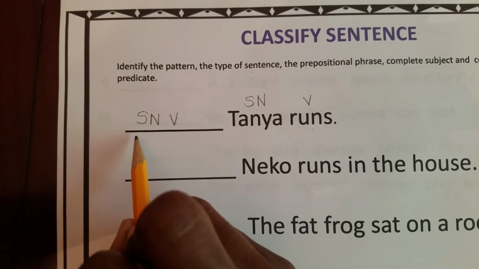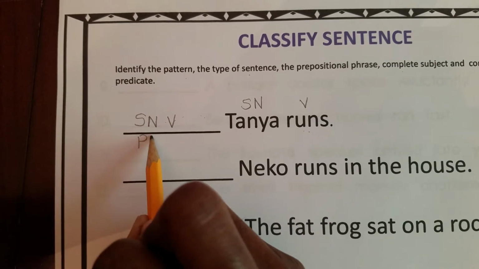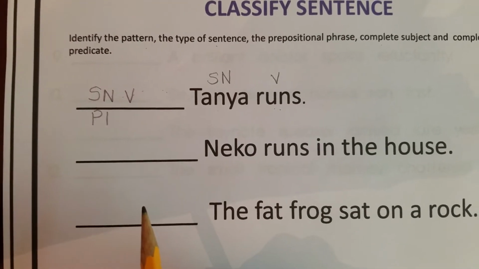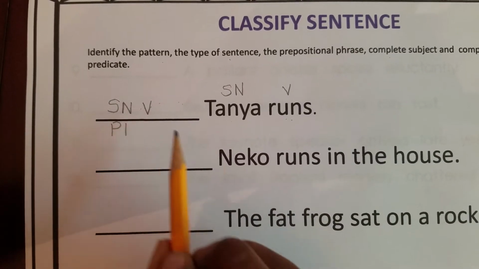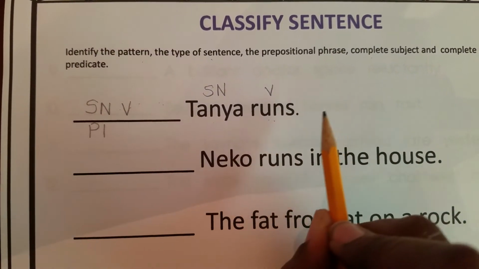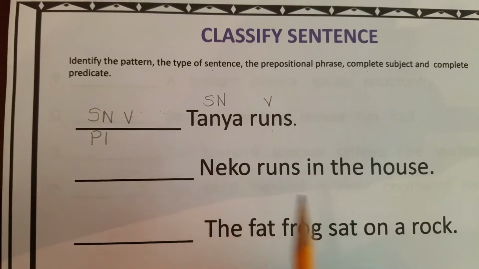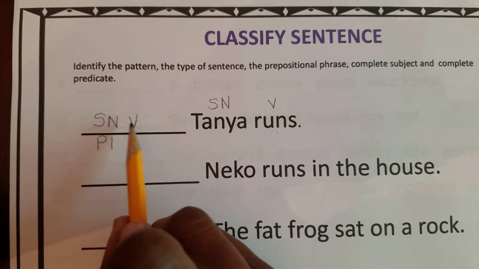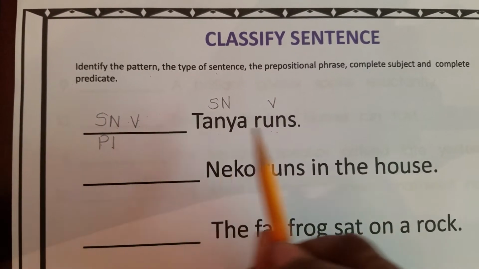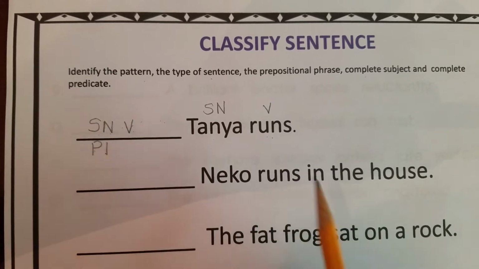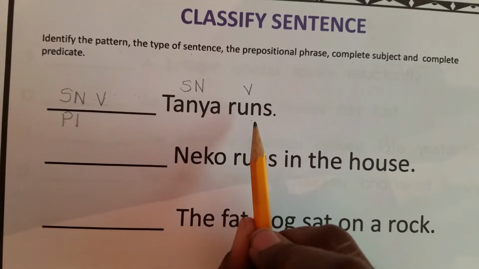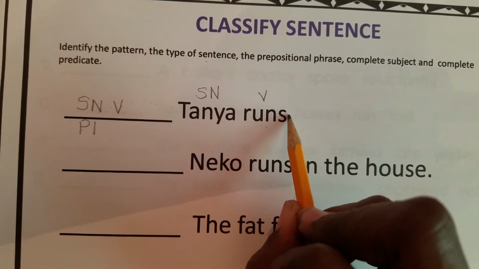Underneath the line, you're going to put pattern 1. Now, what we'll do next is if there's a preposition in here, we would look for a preposition, but there isn't. So once we put subject, noun, verb, pattern 1, we're going to go check for prepositional phrases. There are none, period. So now we classify the sentence.